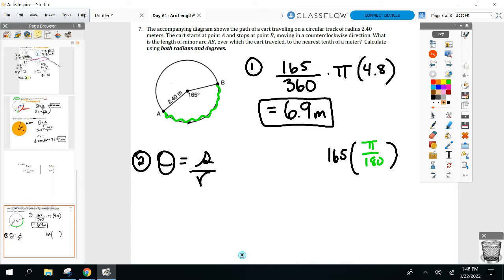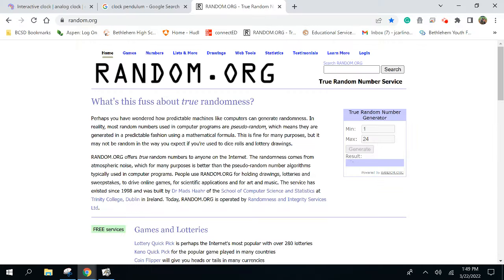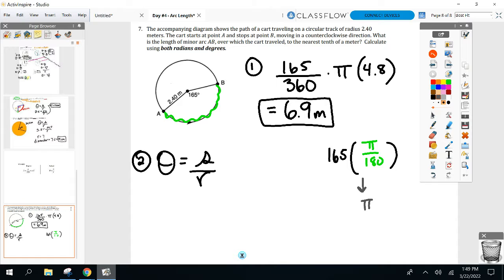Leave it in terms of pi, right? Leave it in terms of pi when I get a radian out. 165 over 180, what's that reduced down to? Let me know when you're ready what the radian measure is. 165 over 180, what's it reduced down to?